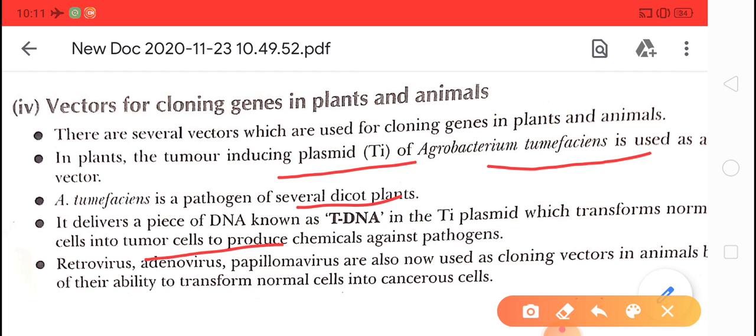Because they produce a chemical, due to that the normal cell becomes like a tumor cell and the production will be decreased.